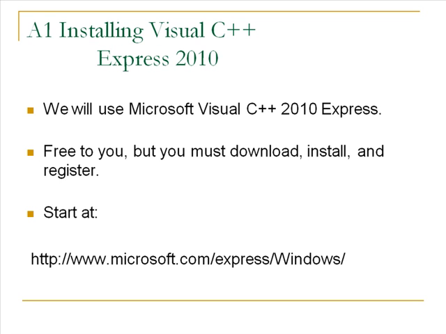Everything that we need is available in the Express version, which is a quick download and install, and you can start here to get this software product and install it on your machine.